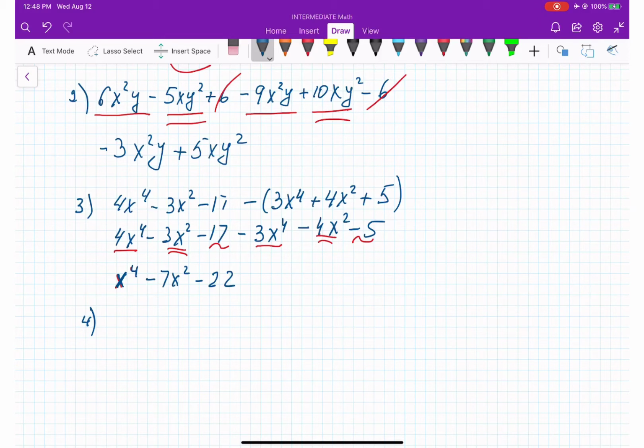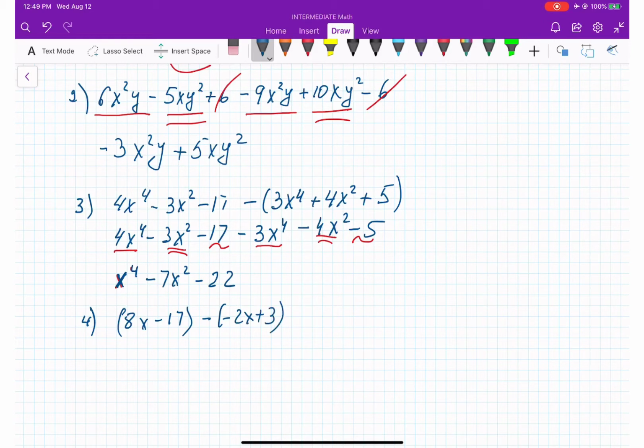All right. Let's see what we have here. So 8x minus 17 minus negative 2x plus 3.